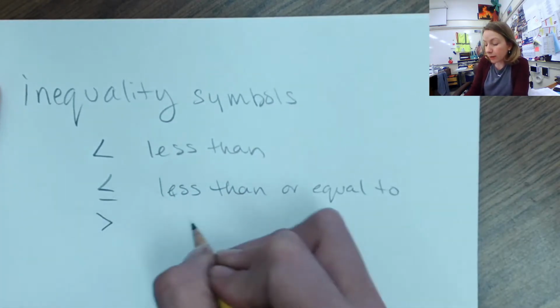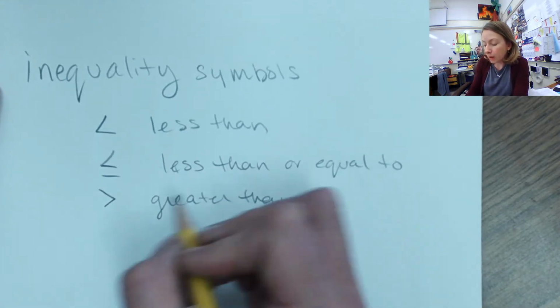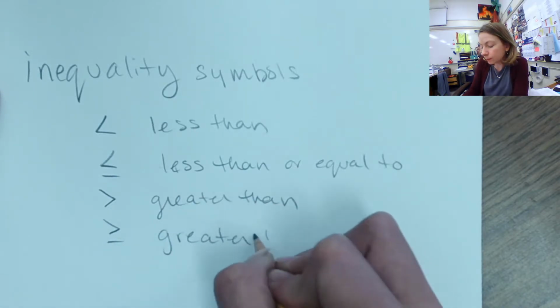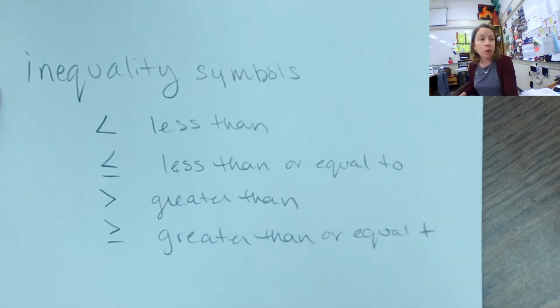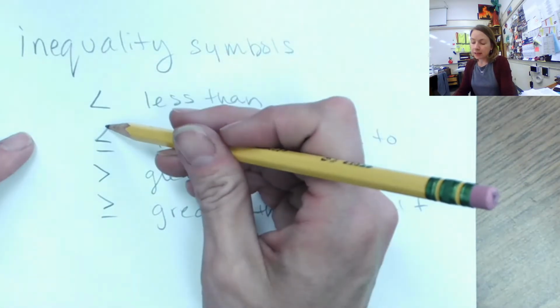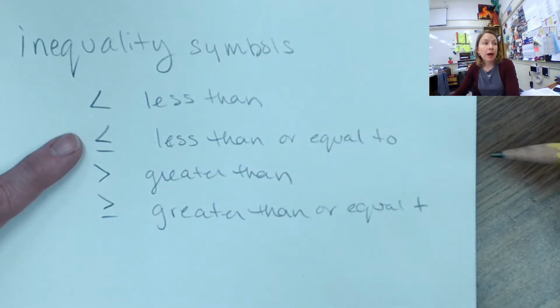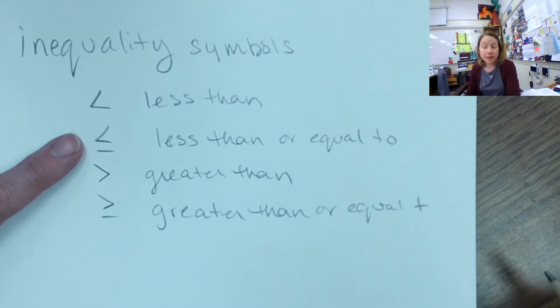We've got greater than. And then we've got greater than or equal to. Now, when we're looking at this idea of less than and less than or equal to, all that it means is if it's or equal to, it could include that boundary point.